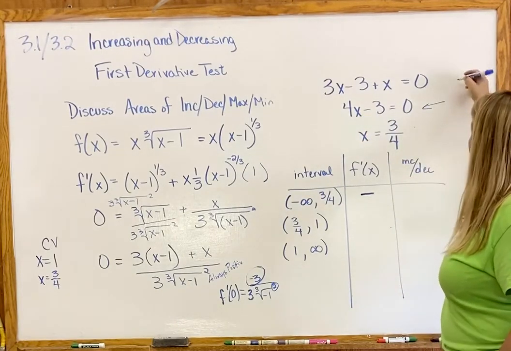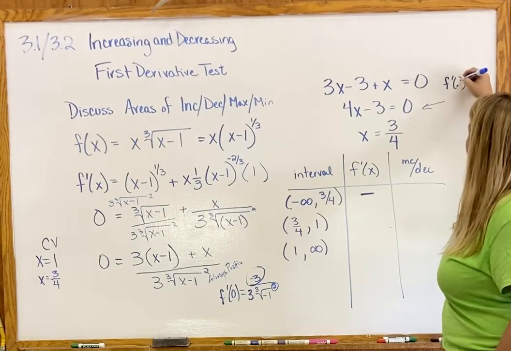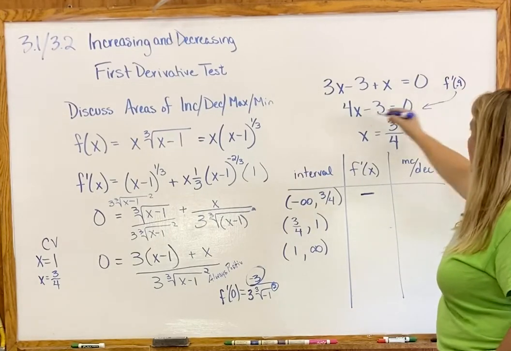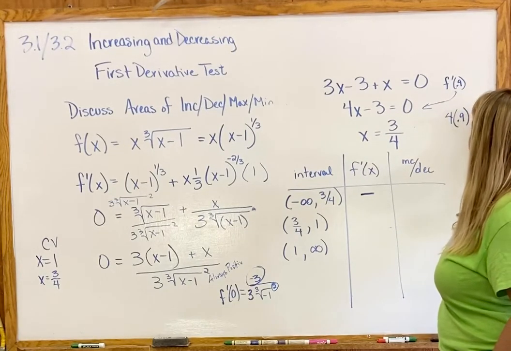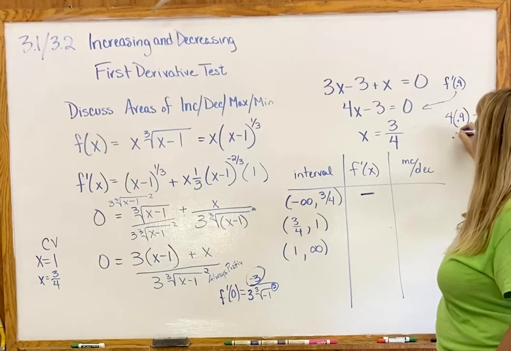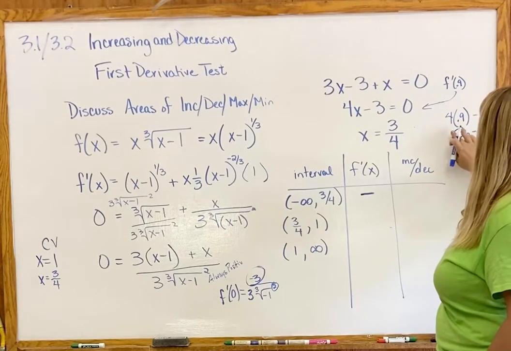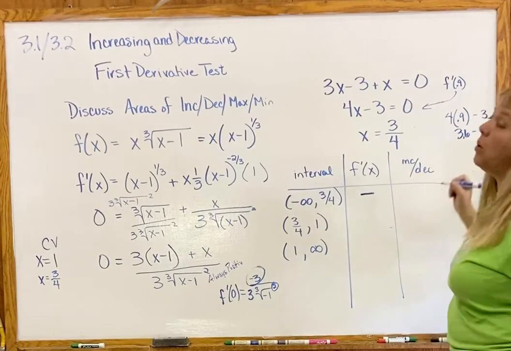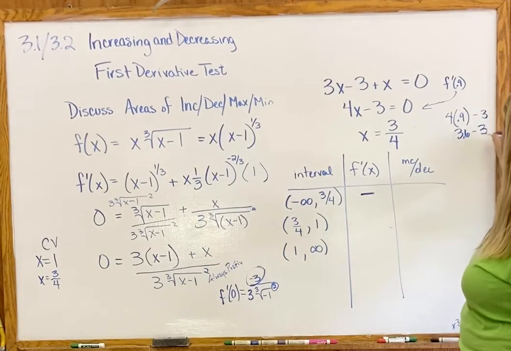We want f prime of 0.9, so we're going 4 times 0.9 minus 3. So that's 3.6 minus 3, which is going to stay positive, isn't it?